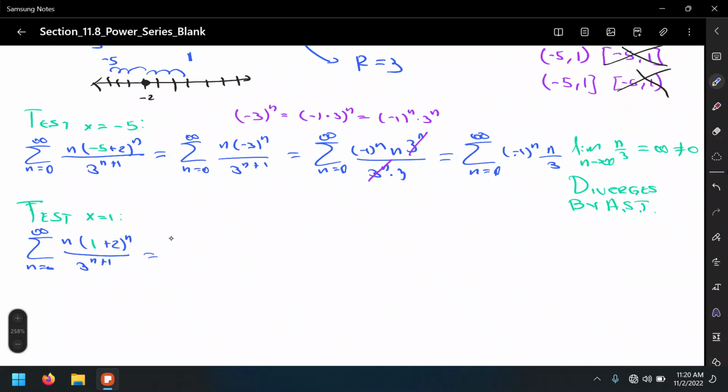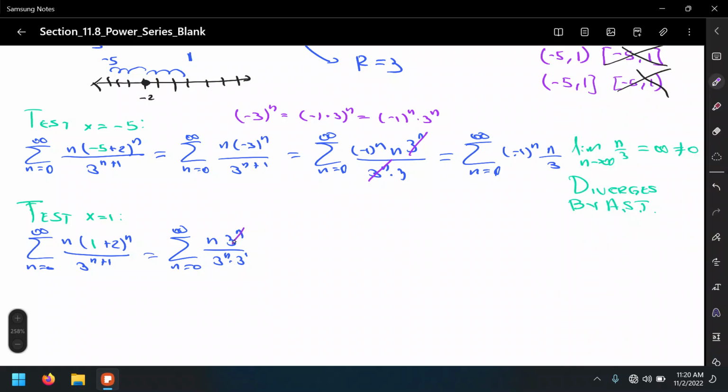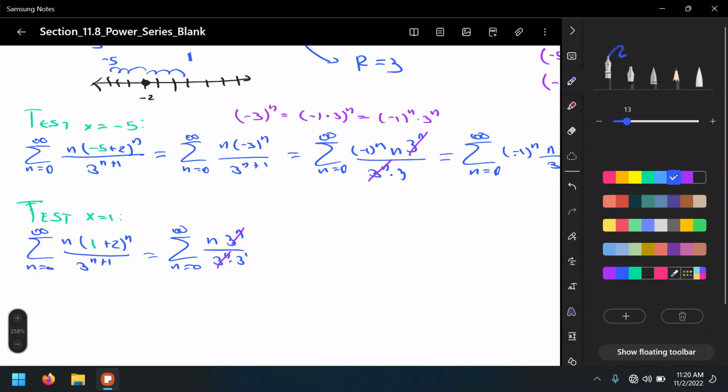So that's going to give us sigma n equals 0 to infinity of n times 3^n over 3^n times 3 to the first. Again, I'm rewriting this using laws of exponents. And 3^n cancels with 3^n. That's going to leave us with the following series.